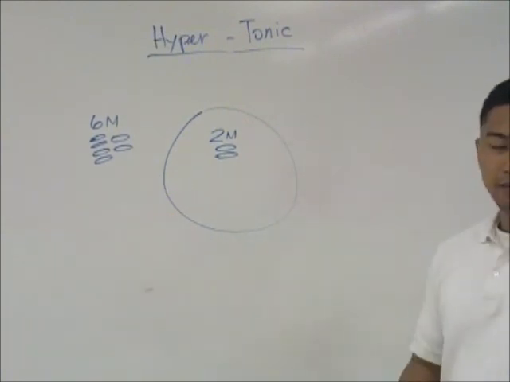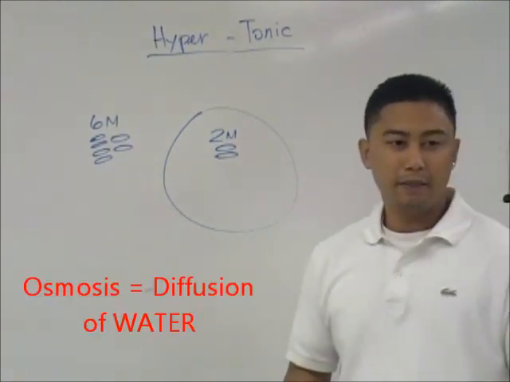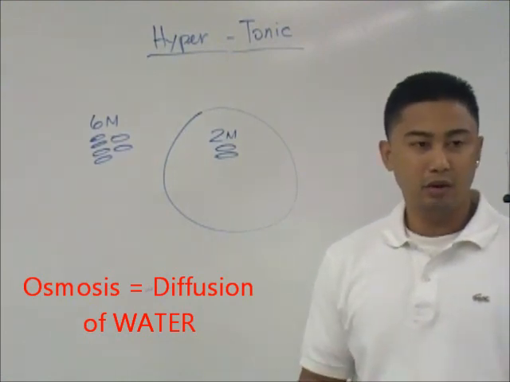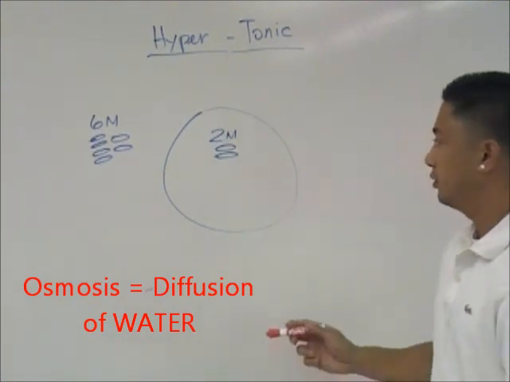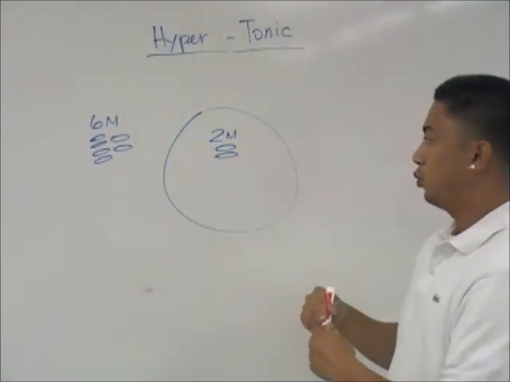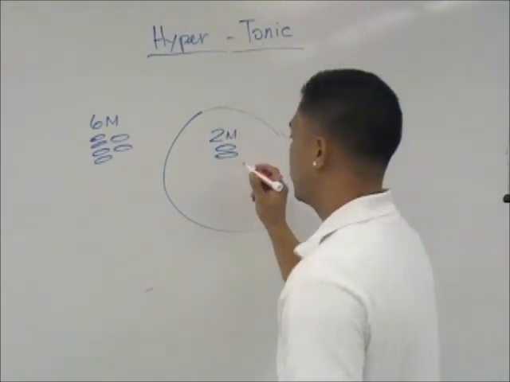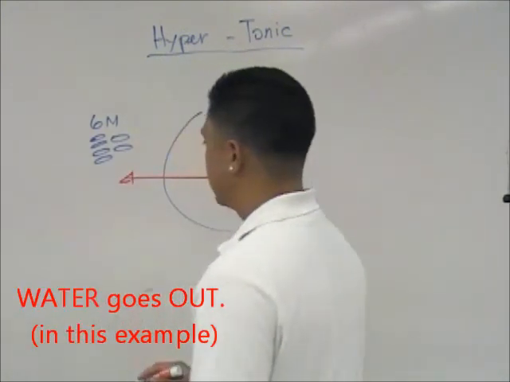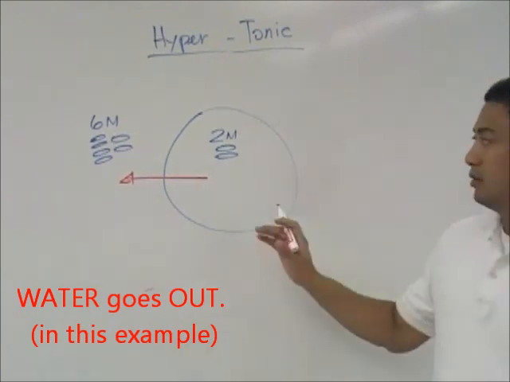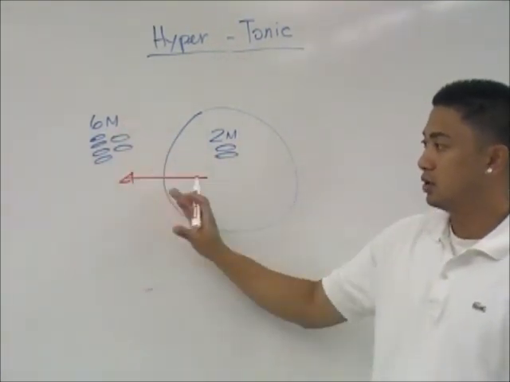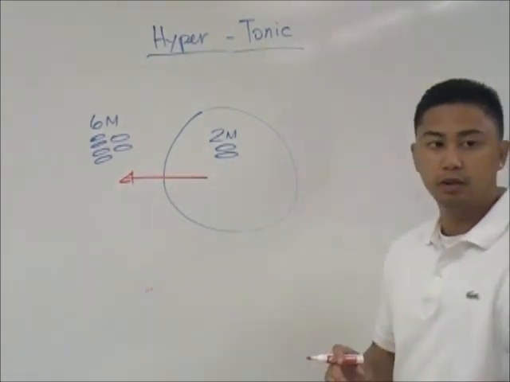So, thinking about osmosis, in osmosis what happens? The water is the one that's moving, right? From a high concentration to low concentration. So in order to balance out the concentration, water in this case is going to go from inside to outside. That way, water will be added to this solution so that you can achieve equilibrium.